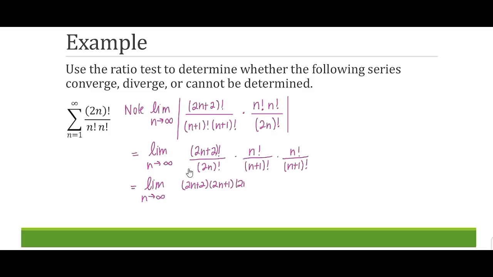So I've reached 2n factorial, because then it will keep going down from there, which is a factorial. And now all of this is over 2n factorial. So the 2n factorials are going to cancel out. All that's left from this first quotient is these two parts. So this is a quadratic that we have going on. But we have to see what's going to happen over here to each of these.